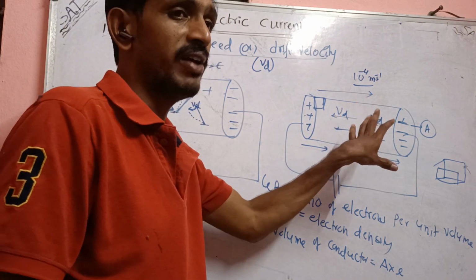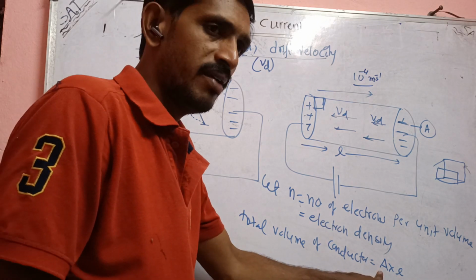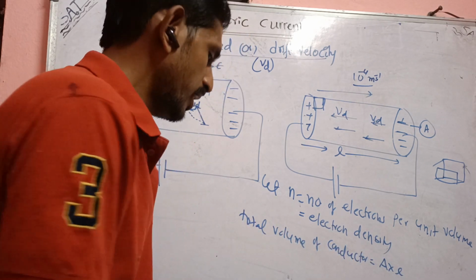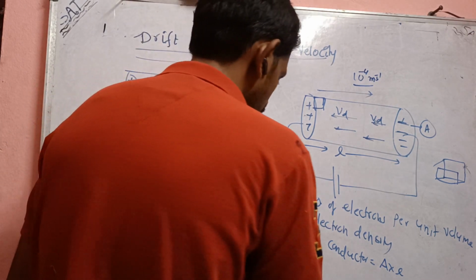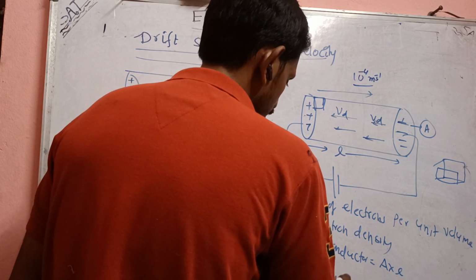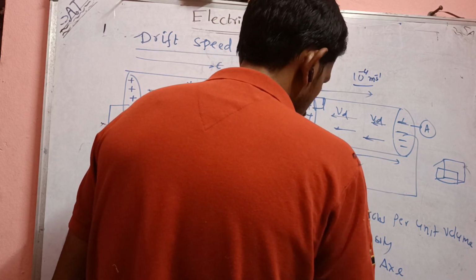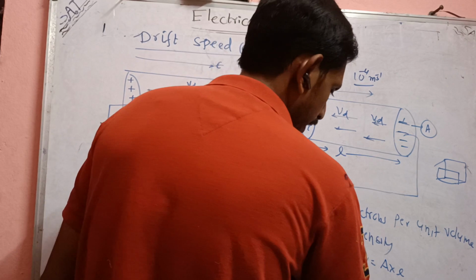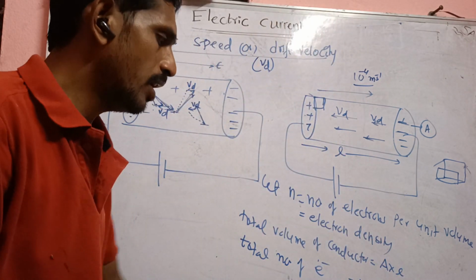The total number of electrons is n into A into L.